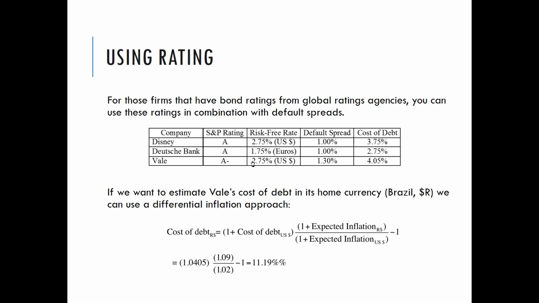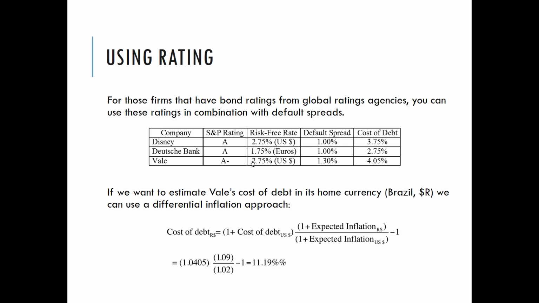Again, you would usually only do this if you needed to convert things. Usually you will probably just stick to one currency. So if you're valuing a firm in Brazilian currency, you usually try to figure out what the risk-free rate is in Brazil and so forth. But if you can't, you can still convert things after the fact as well. Again, using the rating is probably the easiest approach, I would say.